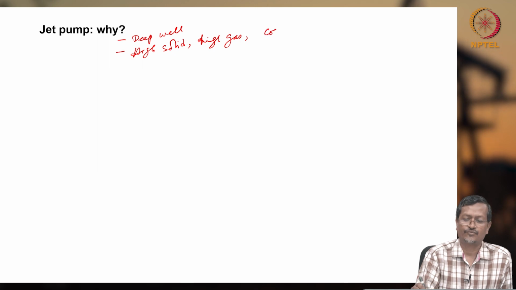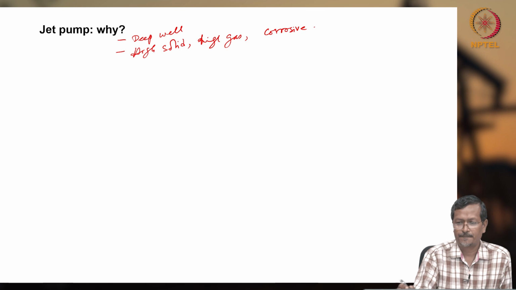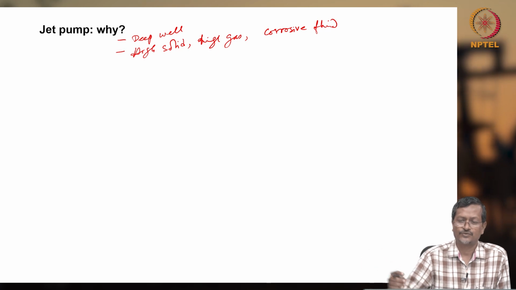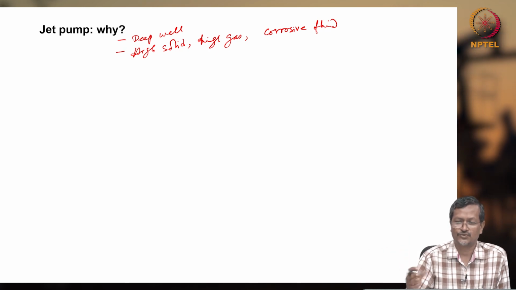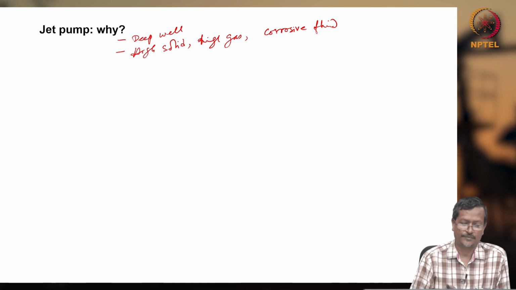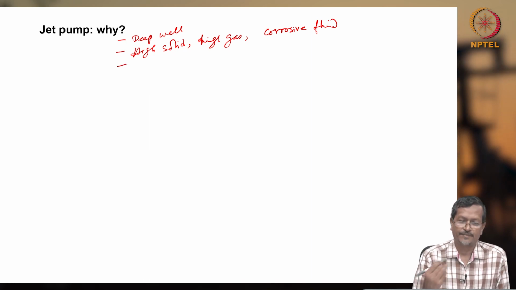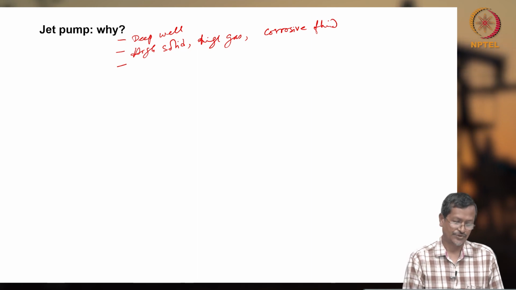Corrosive fluid is also okay, because from the surface you are injecting power fluid, so you can use some anti-corrosive agent. Some chemical can be added to neutralize the corrosive action.